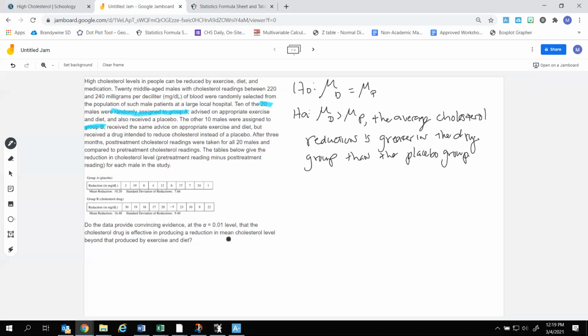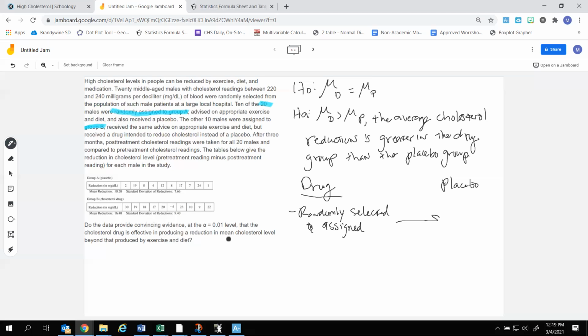Okay, assumptions and conditions. We have our drug group and we have our placebo group. The drug group was randomly assigned; they were randomly selected out of the 20 and assigned.